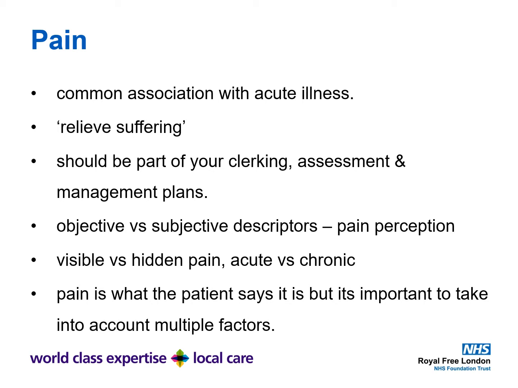Then there is visible versus hidden pain. What do I mean by that? Visible pain: a patient who breaks their ankle gets a plaster cast, and people can see that and easily respond to it because it's a visible, objective measure of pain, although it doesn't necessarily tell you how much pain the patient is in.